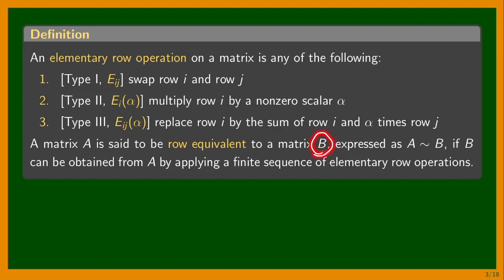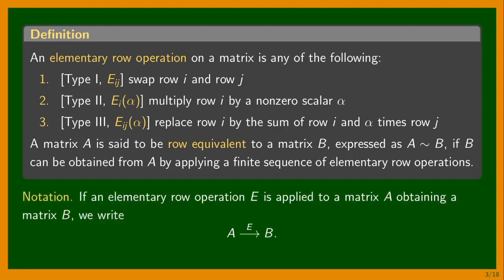Now, if a matrix B was obtained from a matrix A by performing a finite number of elementary row operations, any of these, we say that A is row equivalent to B. And we express this by writing A tilde B, or we simply read it as A is row equivalent to B. If an elementary row operation E was applied to a matrix A obtaining a matrix B, in terms of a diagram, we denote it by putting an arrow going from A to B, and then putting the name of the operation above the arrow.